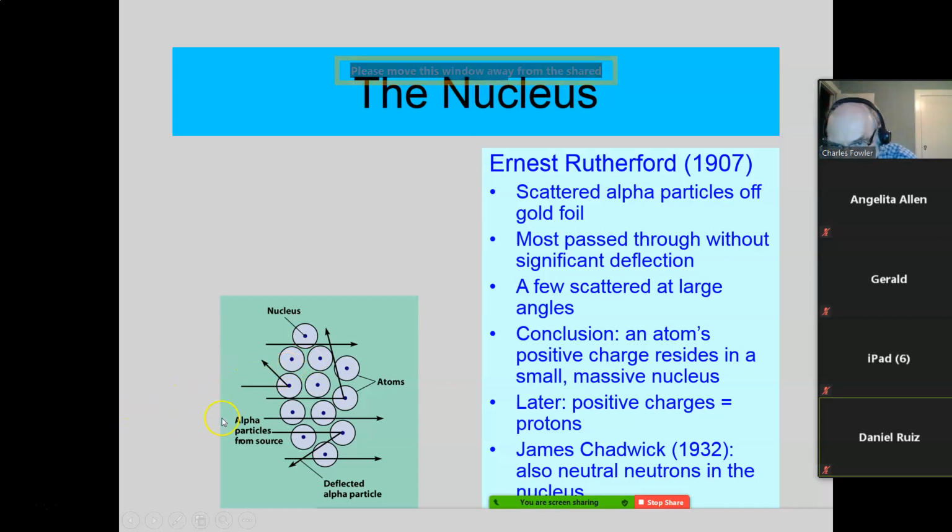So when these alpha particles that were positively charged, basically the nucleus of a helium atom, though they didn't know that's what they were at the time, they just had an alpha source and they used it. They knew they were double positive charges, fired it through, and most of them went right on through because they were not at all bothered by that electron cloud. But only occasionally and very rarely did they happen to smack right into a nucleus, and then they were deflected backward at a very, very large angle.